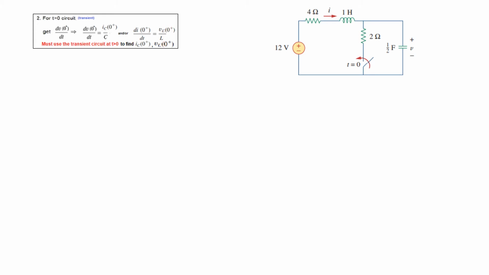Now keep in mind, I have highlighted it in red, that the circuit must be in the transient mode. That means the switch is closed, but capacitor and inductors remain there. Inductor will not be short and capacitor will not be open because the circuit is in transient mode.